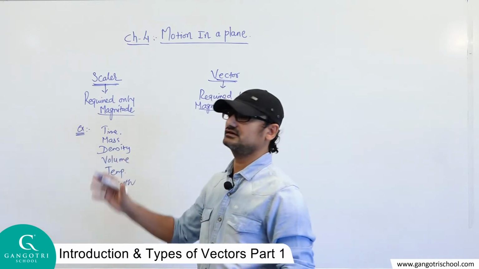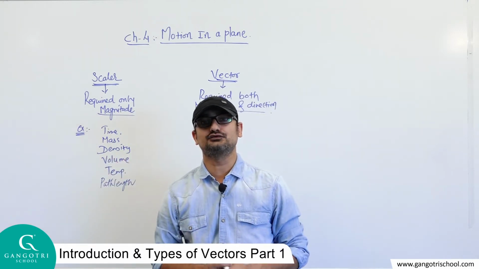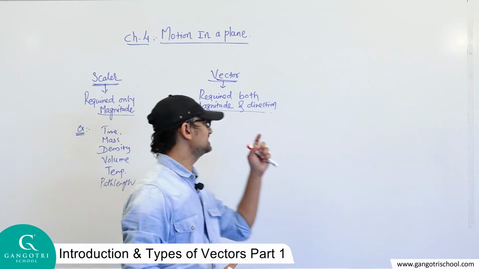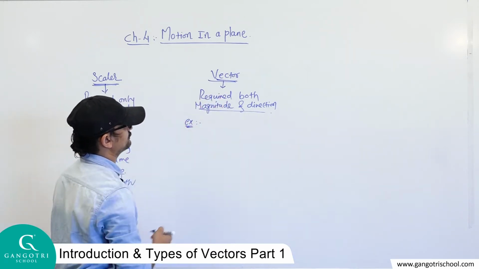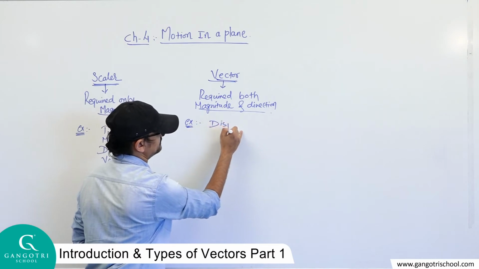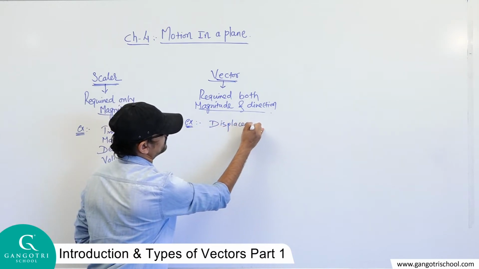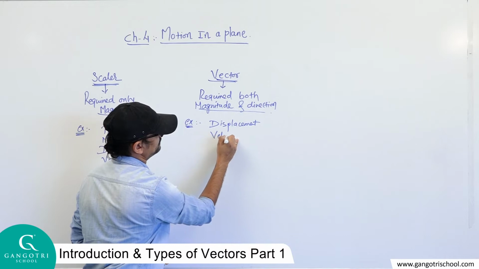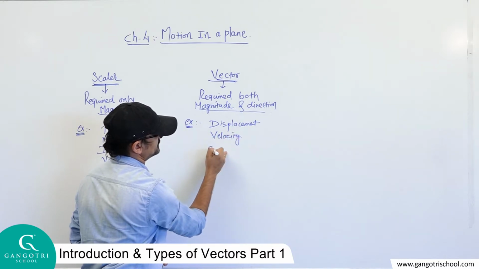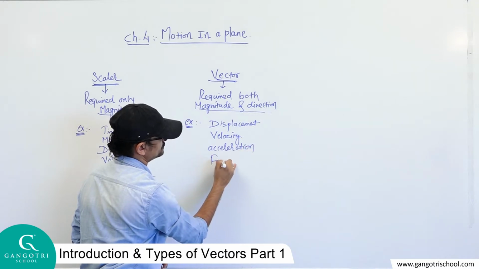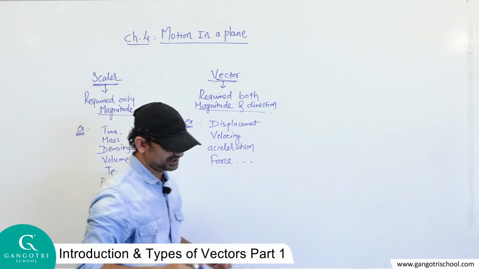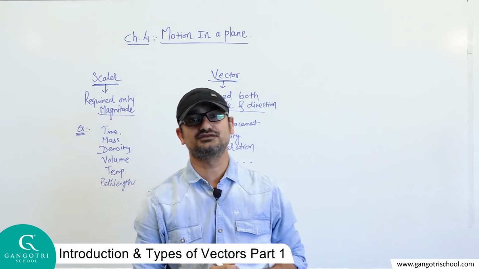These are the physical quantities which require only magnitude for the description. On the other side, for vector physical quantities, we can give lots of examples, but few of them: displacement, velocity, acceleration, force are the physical quantities generally known as vector physical quantities.